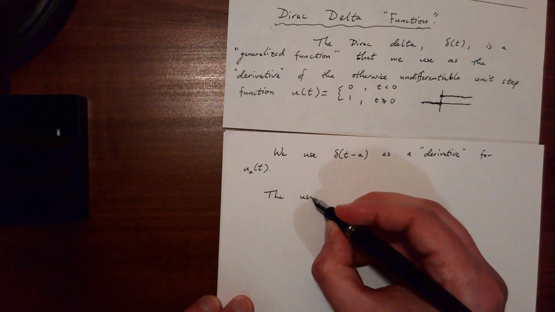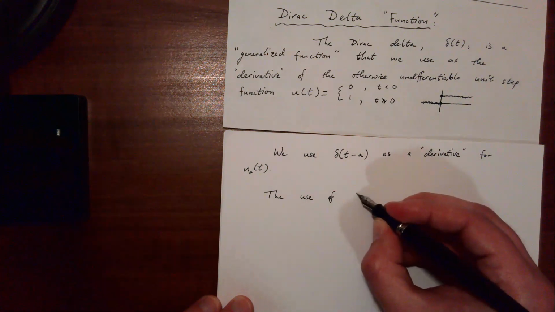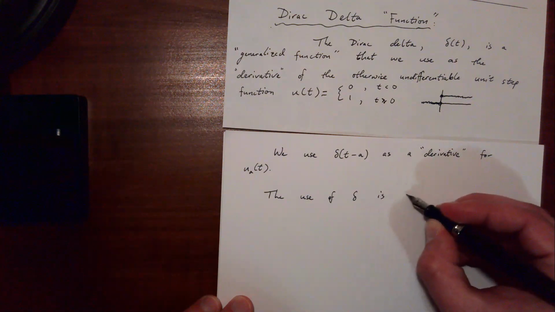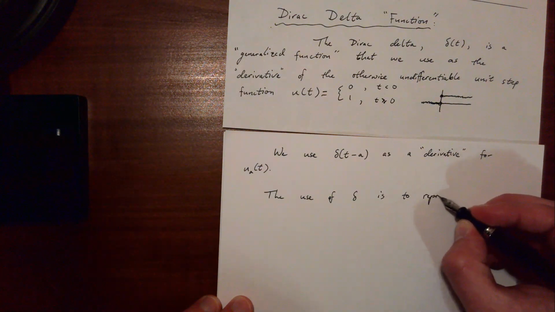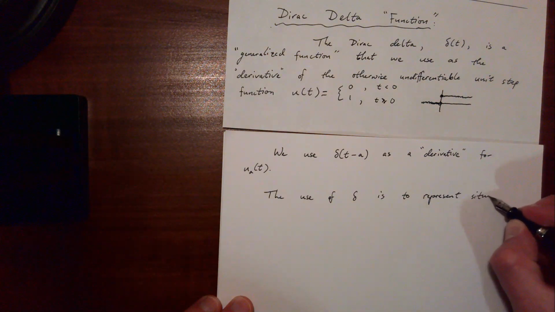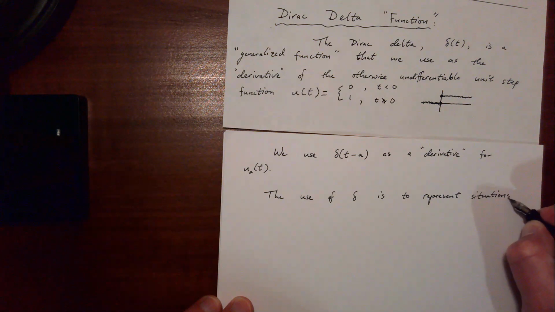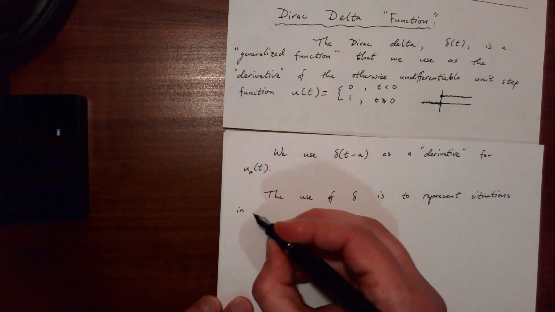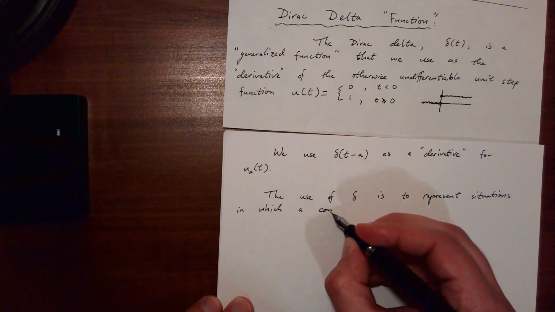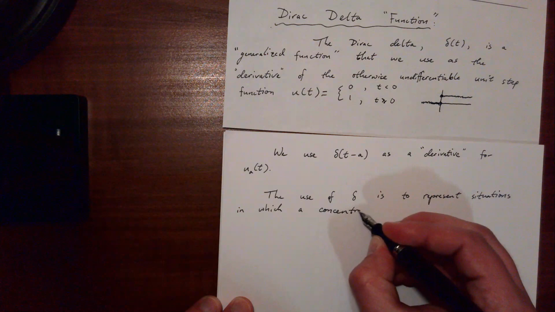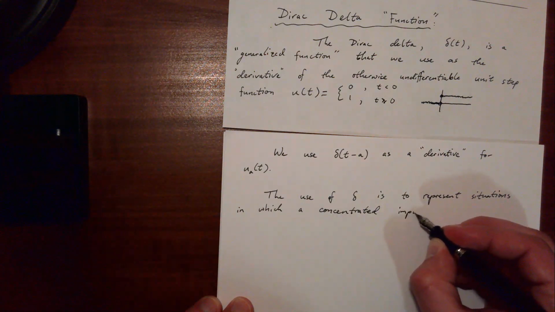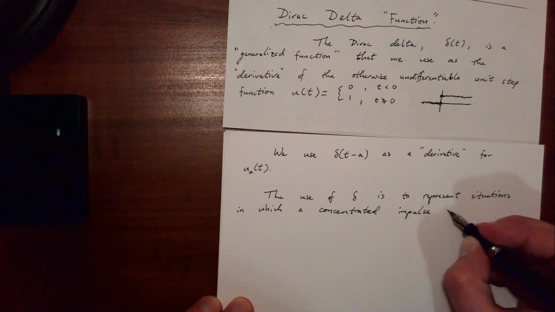The use of delta is to represent situations in which a concentrated impulse is applied.